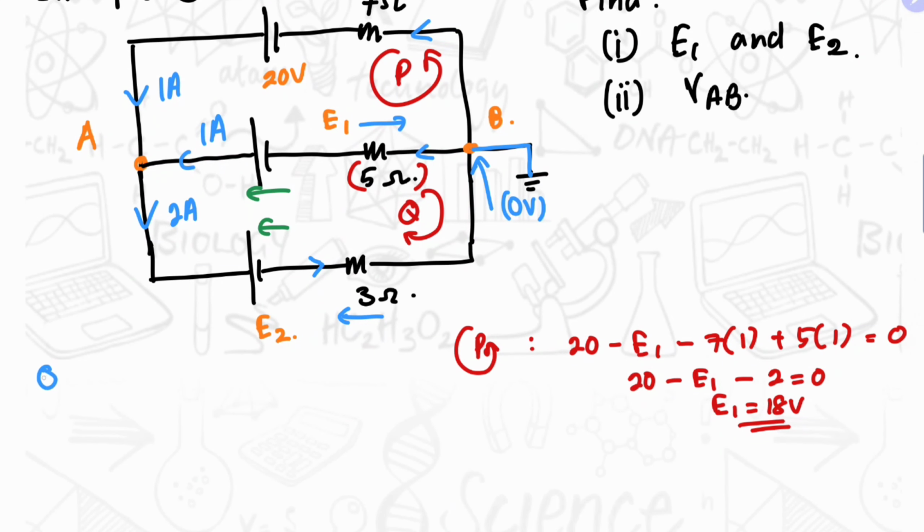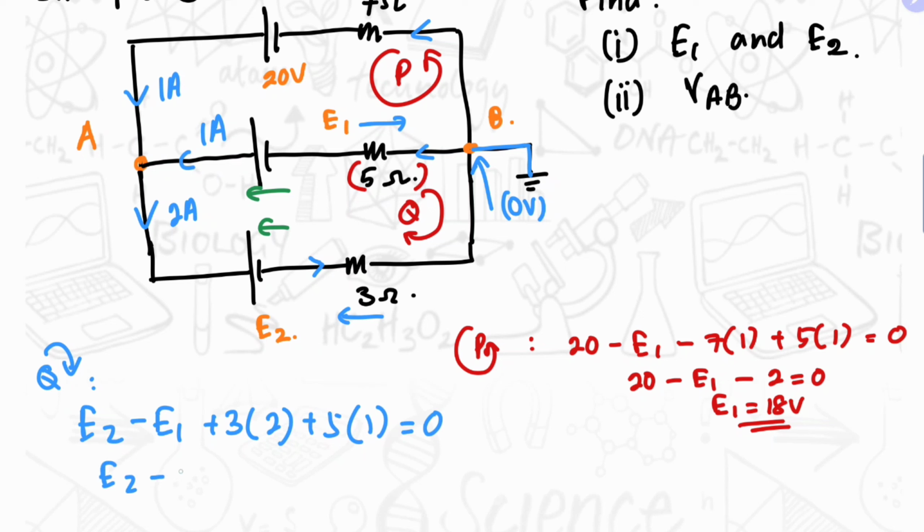Now let's apply the loop law to loop Q. Here E2 is positive and E1 is negative, and 3 times 2 plus 5 times 1 is equal to 0.